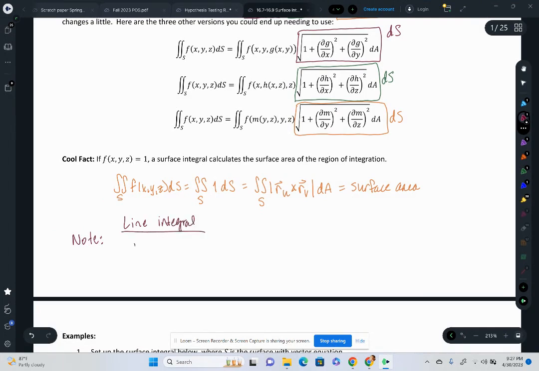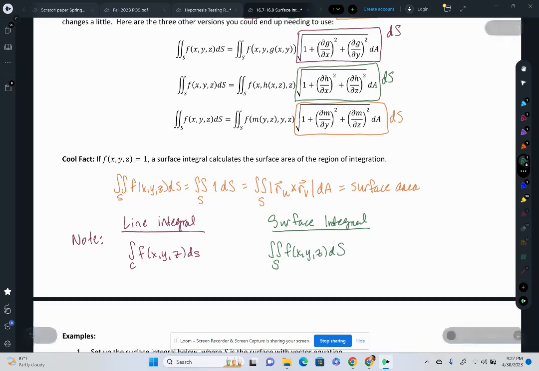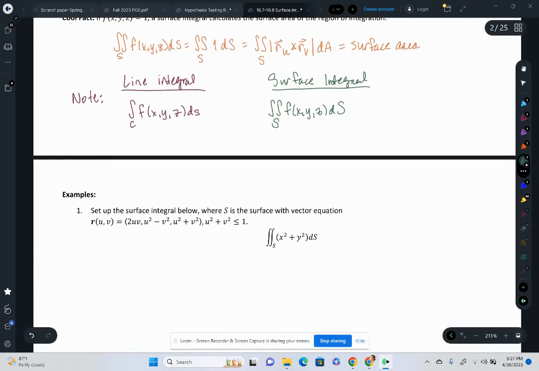In a line integral, we had the line integral over C of f of x, y, z, d little s, and a surface integral looks really similar, but it's a double integral over big S of f of x, y, z, d big S. I kind of stress the size of my S's right there, since lowercase s and uppercase S look the exact same.